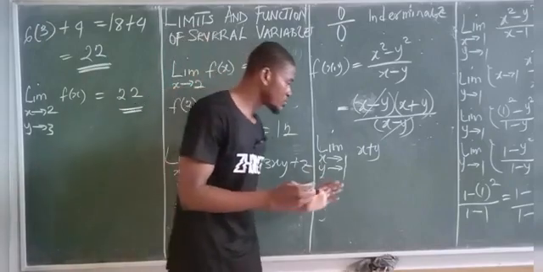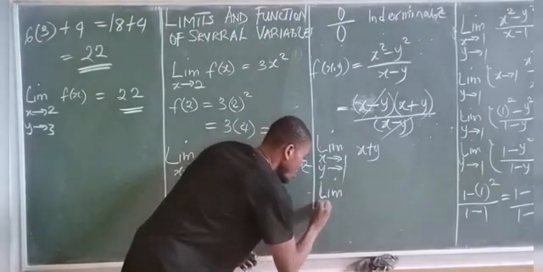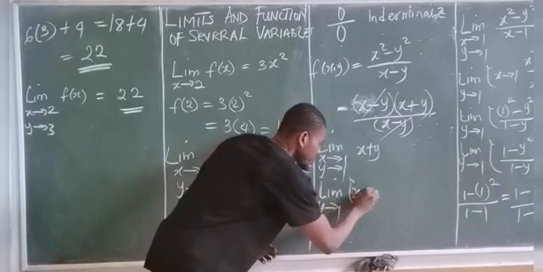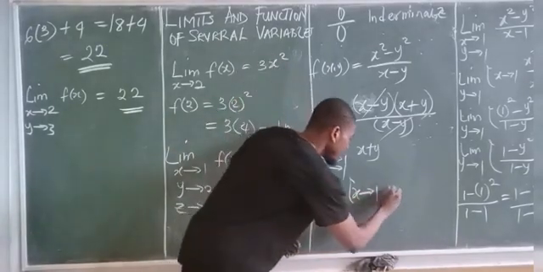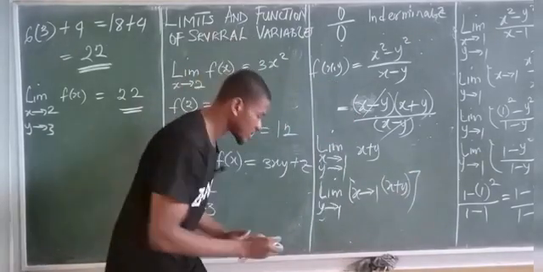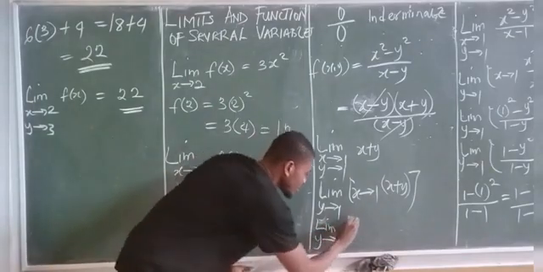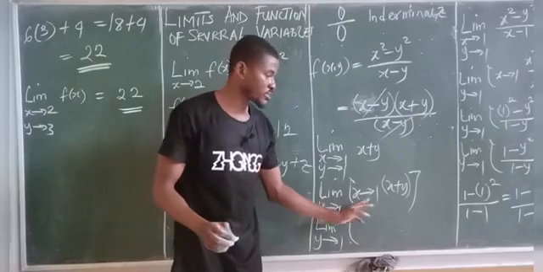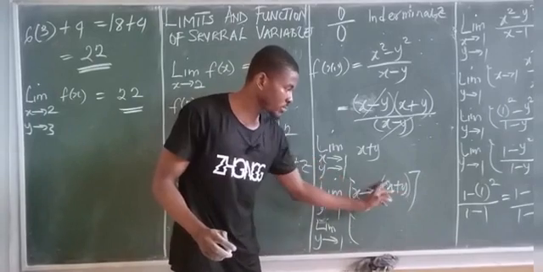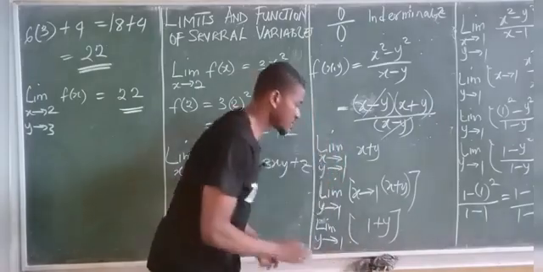What I'll do now is consider x tending to 1 of the function x plus y, so I have the limit as y tends to 1. Wherever I see x now, I simply put in the value 1. So in place of this x, I simply have 1 plus y.